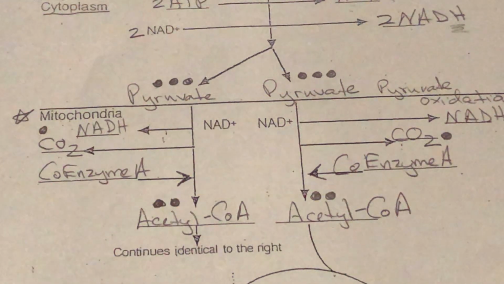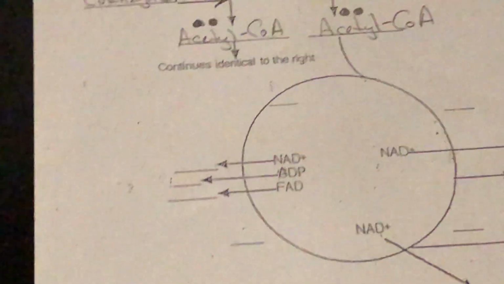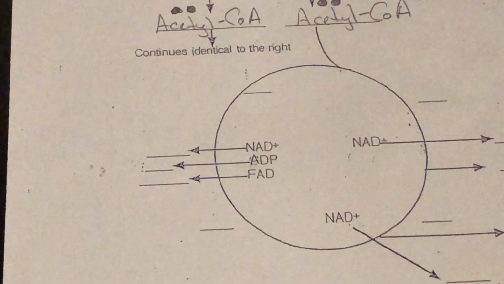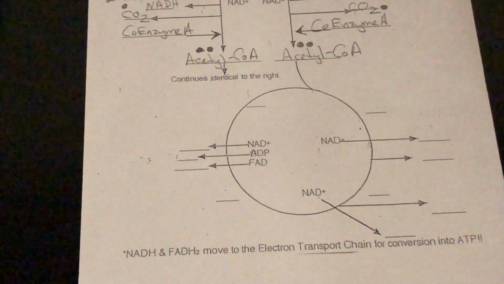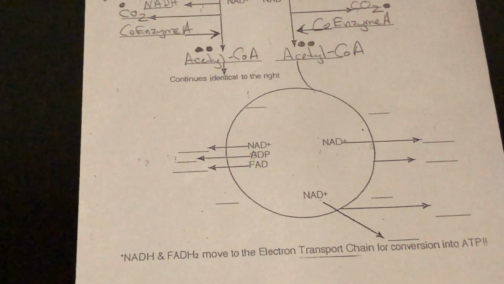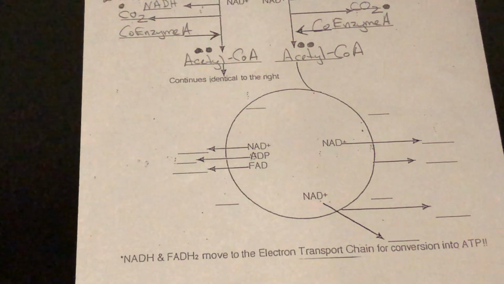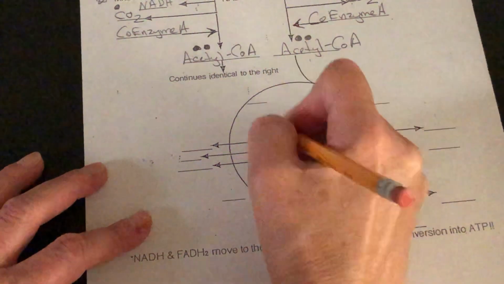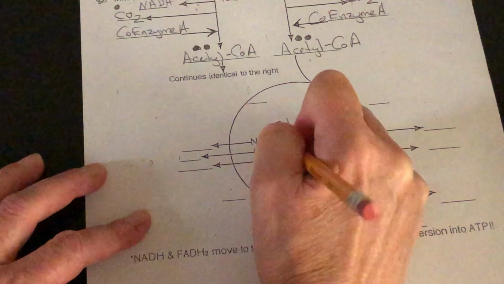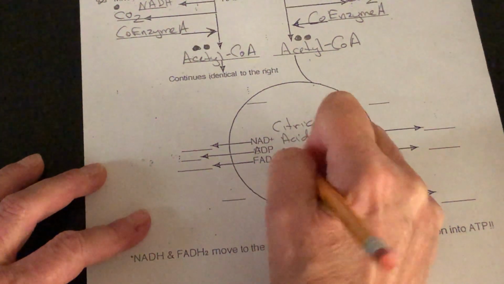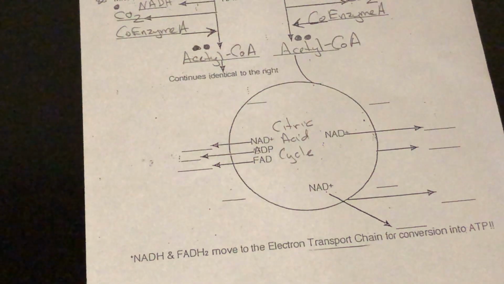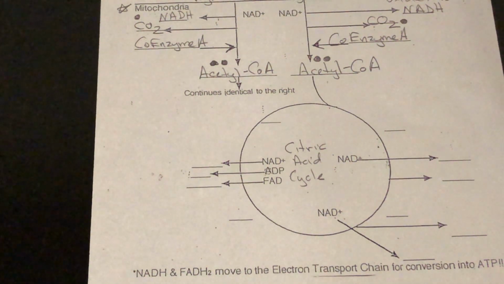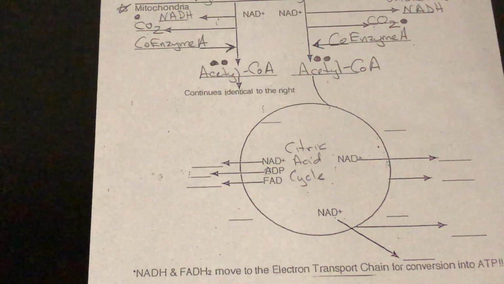Now, on this diagram, I didn't have a whole lot of room to show all this, so let me back that up a little bit. What I want you to be aware of is that we've got 2 acetyl-CoAs here. Each one of these has to enter a citric acid cycle. Now, what you just saw occurs at the membrane of the mitochondrion.